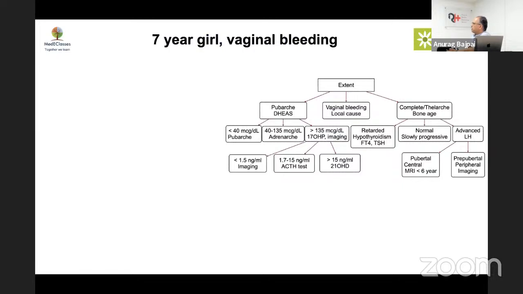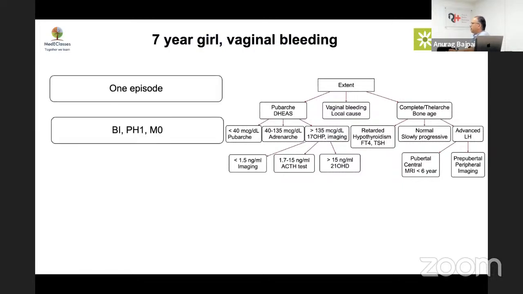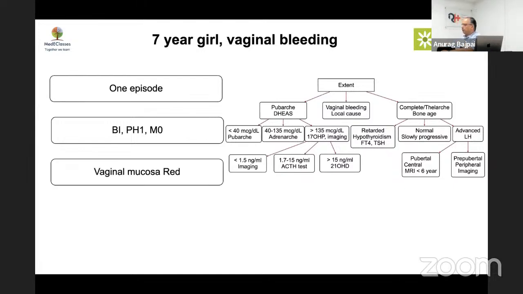7-year-old girl with vaginal bleeding, Alapan, one episode, B1, P1, and there was one episode of bleeding. What do you think here? Will you do an MRI here? Isolated local cause. Yes. The vaginal mucosa also did not show any local extrusion.